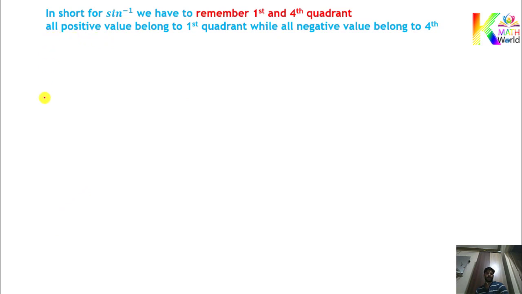Okay, this is the important thing. All positive values belong to the first quadrant, while all negative values belong to the fourth quadrant. For which function? For the sine inverse function.